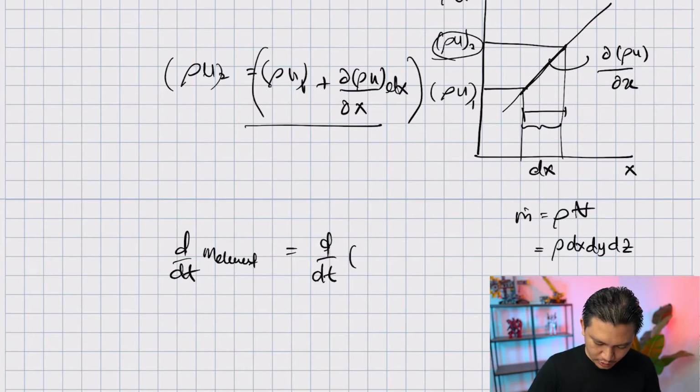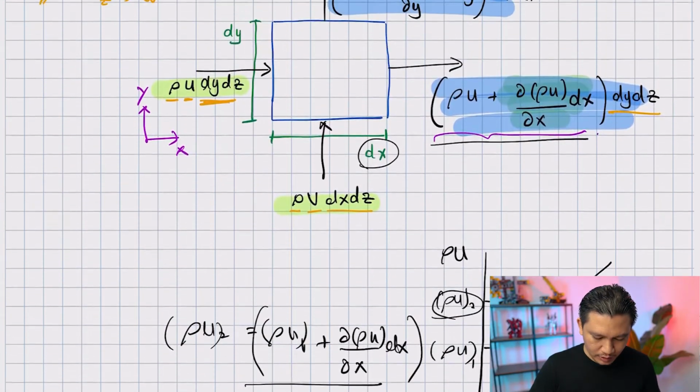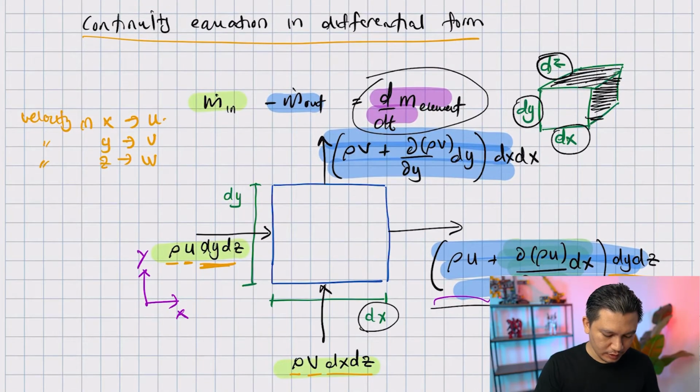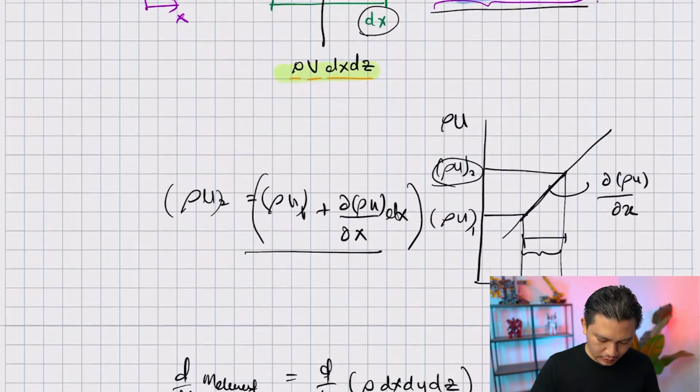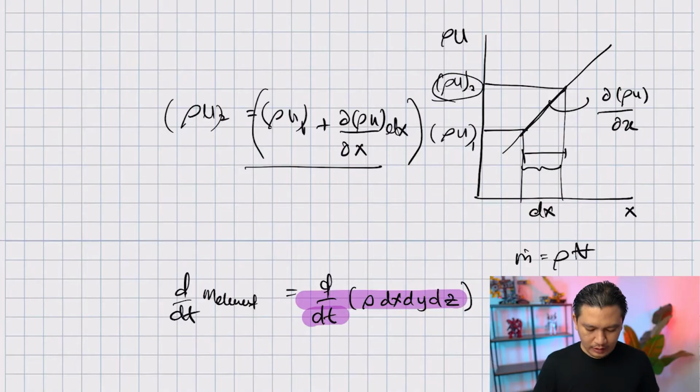Okay, and I'm going to put it here. So rho dx dy dz. And finally, we have all the terms that we need. And now this term is actually here. Okay, now it's time to combine everything to form a long equation that later we can simplify and form the differential continuity equation.